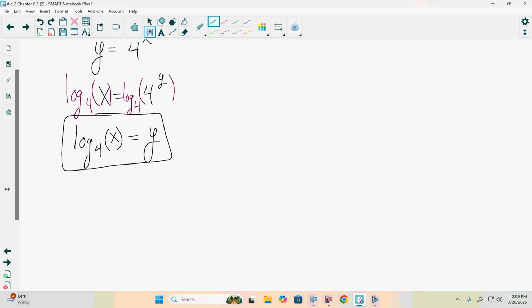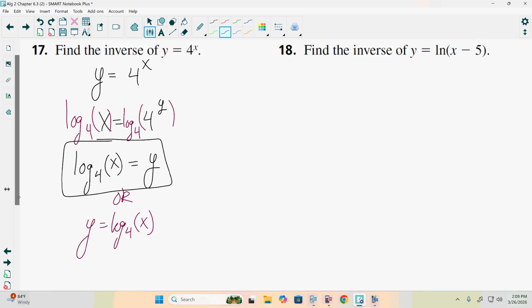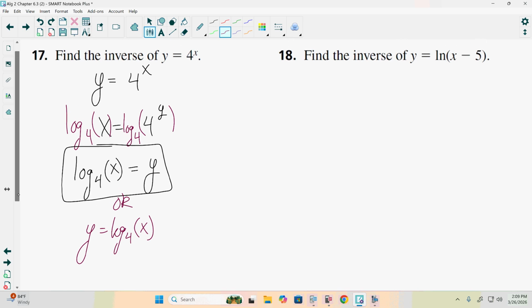If you want to rewrite it or have it so that y is on the left, that is perfectly fine too. We're ready for the last one.